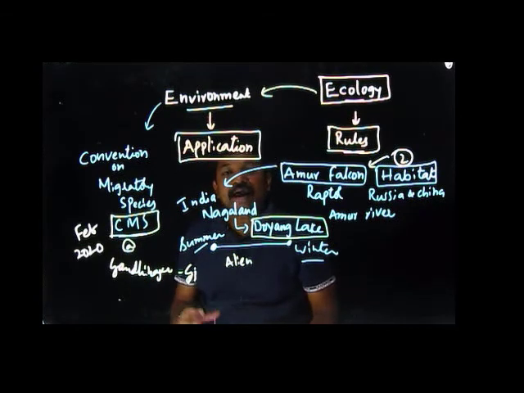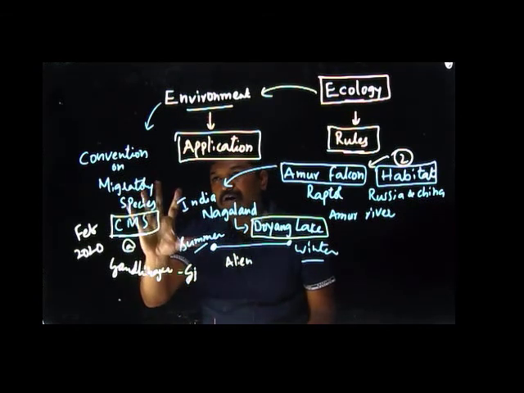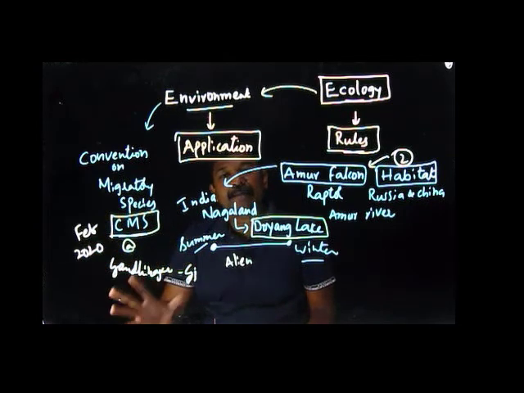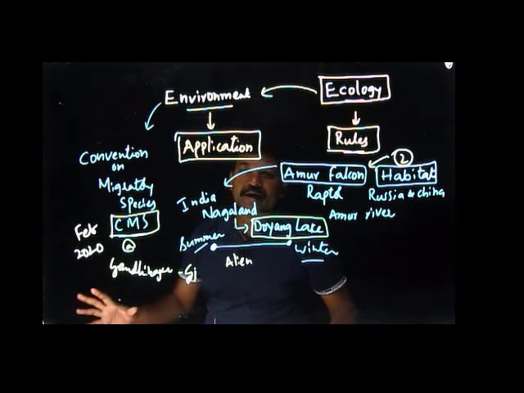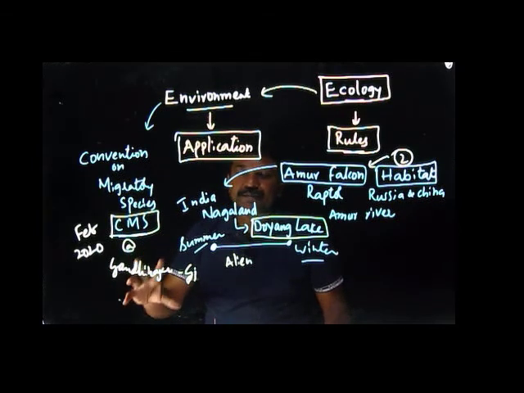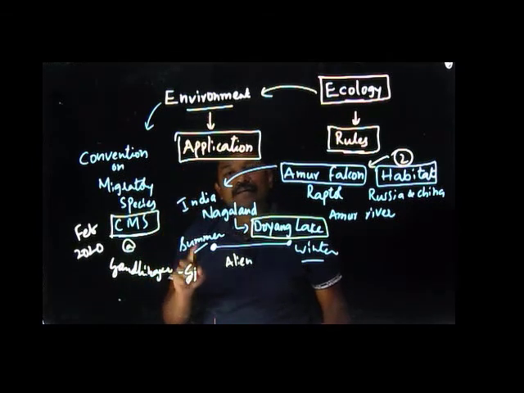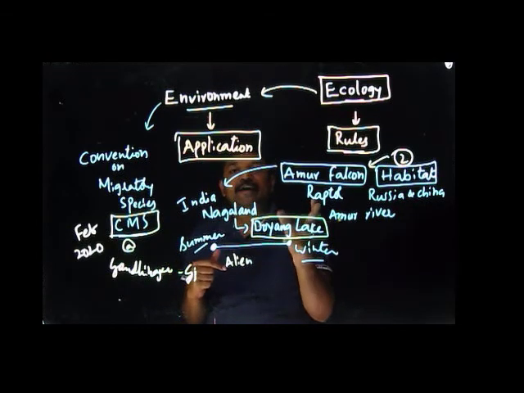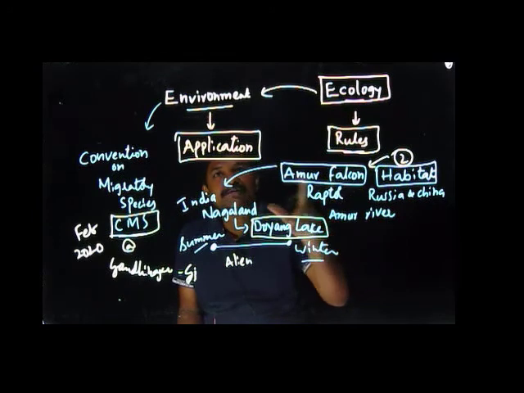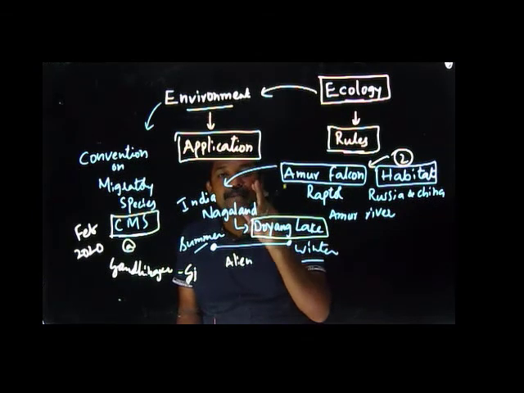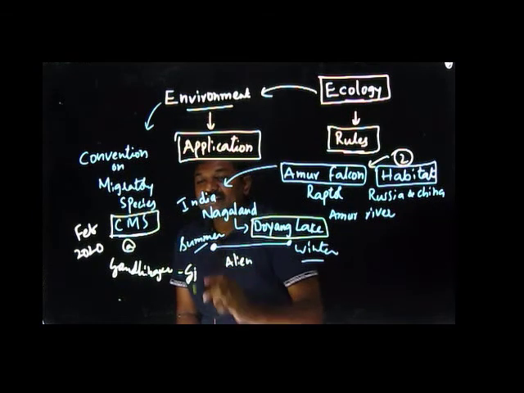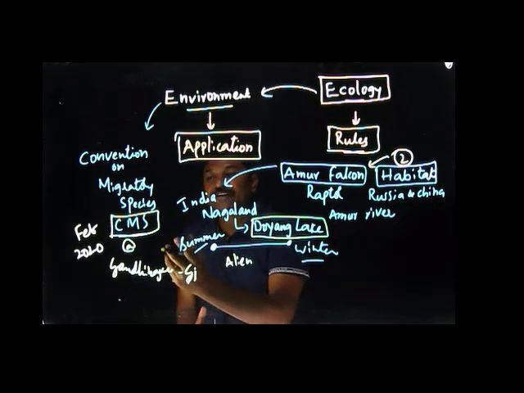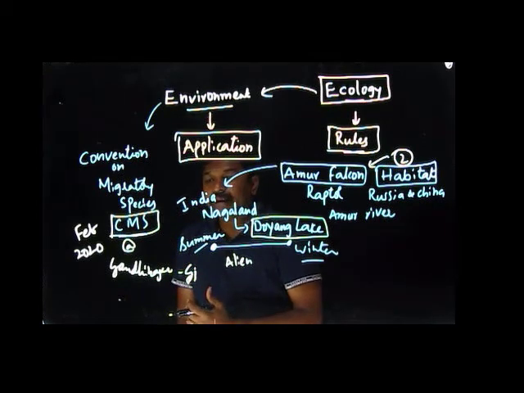This is called the environment. Therefore, all the conventions, whether climatic or on biodiversity, all the application parts come under the environment. This is the difference between the environment and ecology. Ecology talks about the rules, environment talks about the application of those rules. This is the current-affairs aspect, CMS, Convention on Migratory Species, held at Gandhinagar.